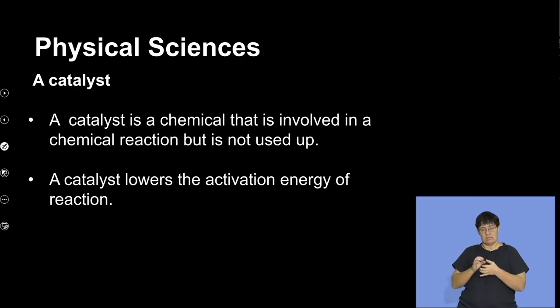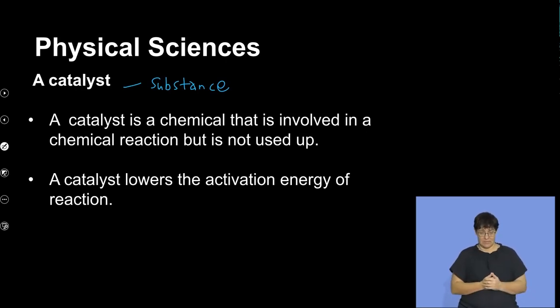We've got a catalyst. A catalyst is a substance that we add onto a reaction, so that the reaction takes place very, very fast. A catalyst is a chemical substance that is involved in a chemical reaction but is not used up. So the role of the catalyst is to lower the activation energy.